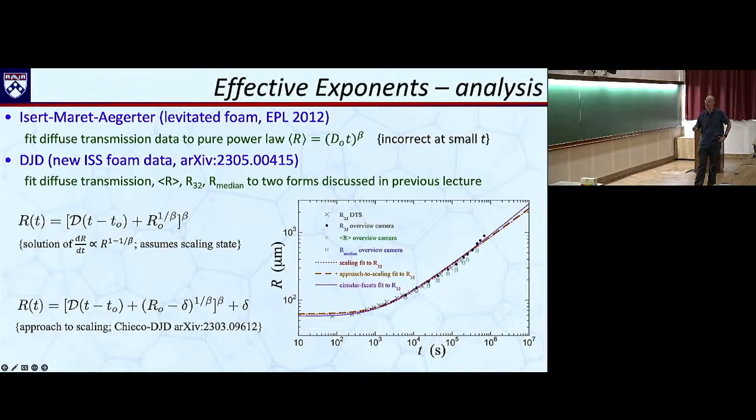Okay, so we'll now treat these exponents as variable, and we'll do fits to these forms, both to diffuse transmission as well as to measures of the average bubble size that we get from the surface images. Okay, so there's a bunch of data and there's a bunch of fits. Okay, so we can get a bunch of exponents, and I myself went through this program for the data on the previous slide, and extract exponents.